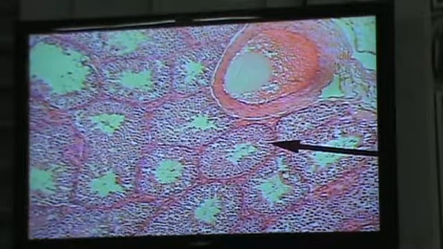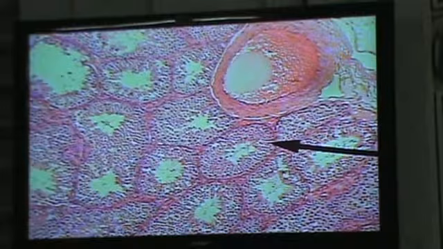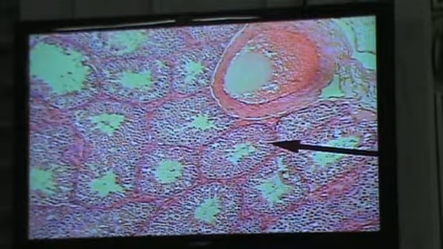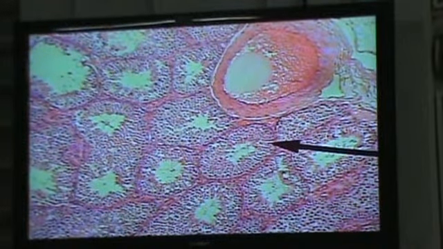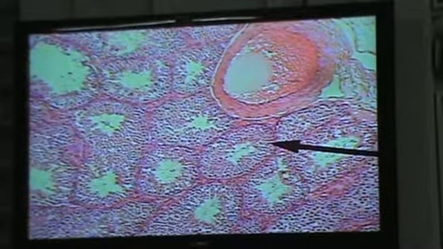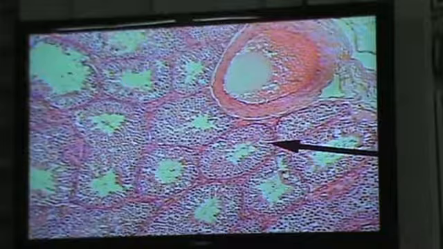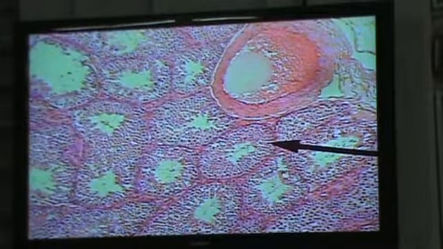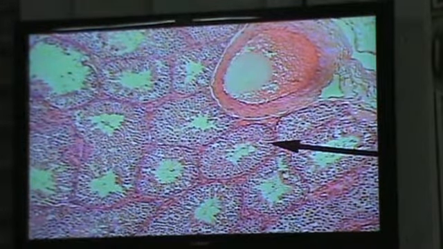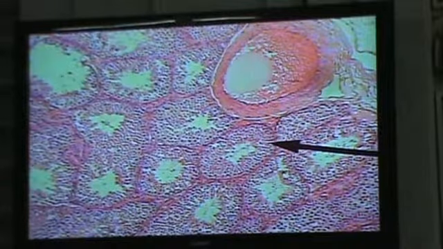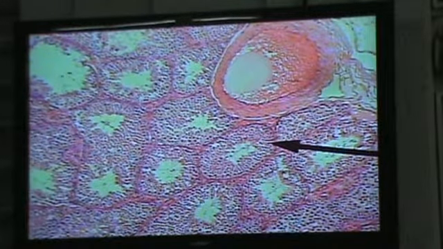These spermatozoa, once they're produced, are produced in lots of fluid around. Okay, so there's a lot of fluid that's produced with the spermatozoa. At the other end of the train line is the epididymis. That epididymis has large structures known as stereocilia.